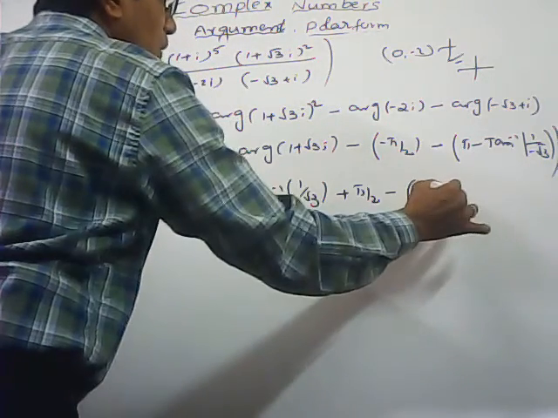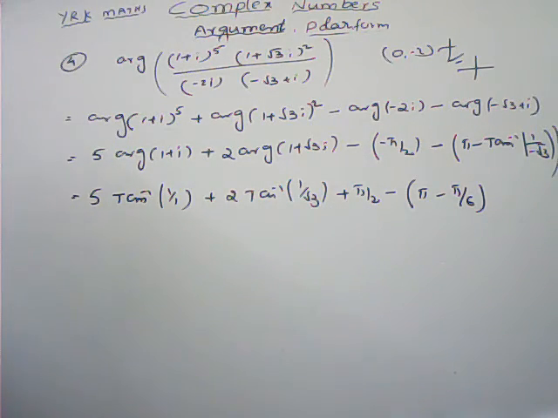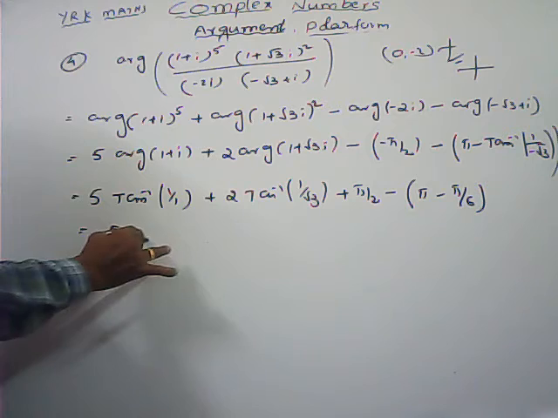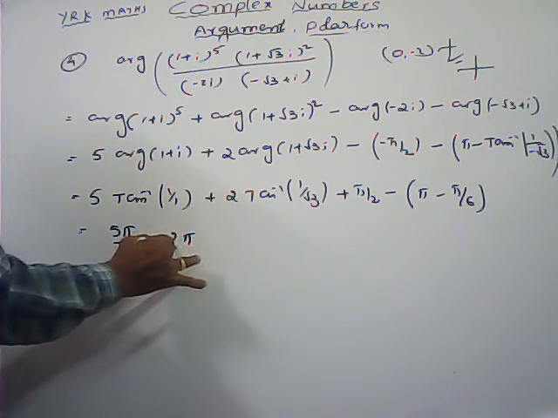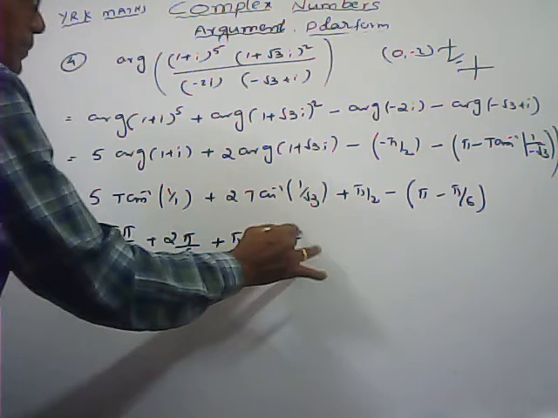Tan inverse 1 by root 3, that is pi by 6. Now 5 into pi by 4 plus 2 into pi by 6 plus pi by 2 minus pi plus pi by 6.